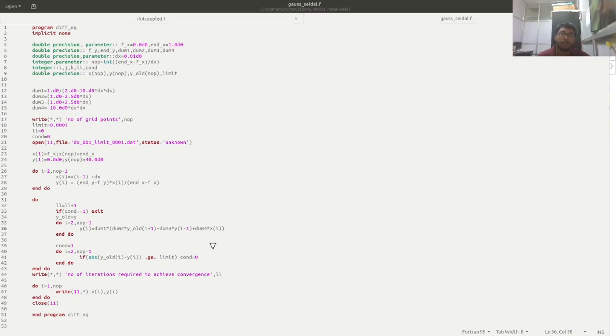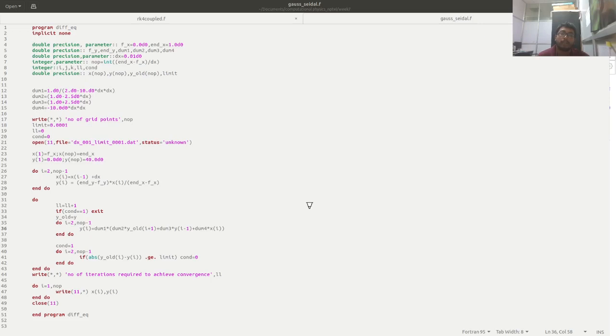Okay, so if we have to calculate the value of yi, we can get those kind of a thing. So you need to write down yi as a function of y I plus 1, y I minus 1, and xi.